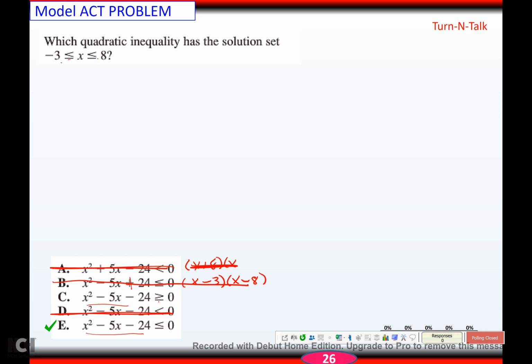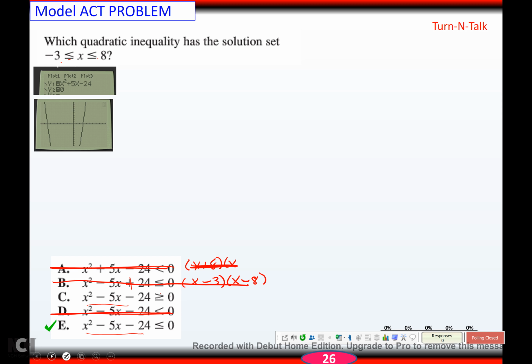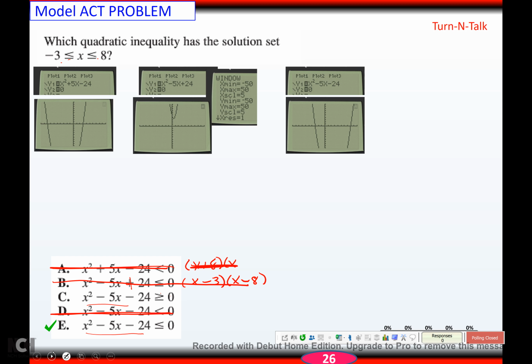If I looked at C and I did greater than, I just graphed them. And I want the one that's between, which has to be that one.